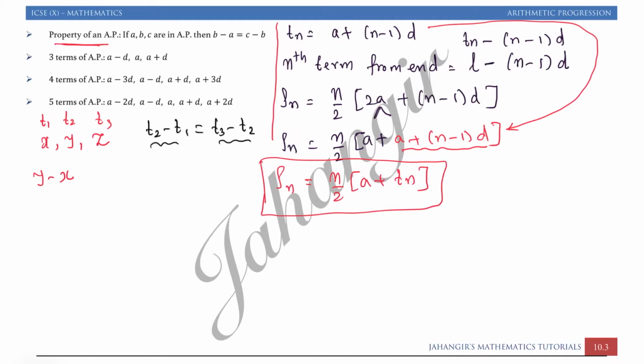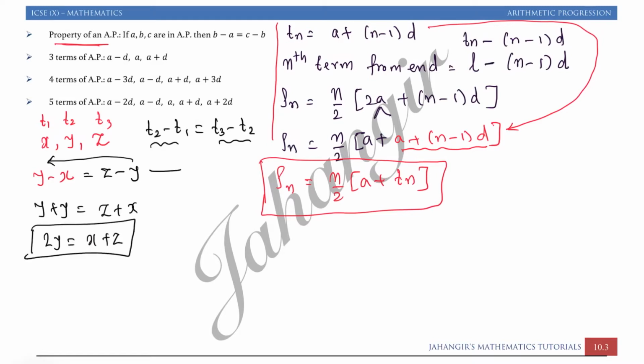So we can say y minus x is equal to z minus y. If you bring this on the other side, you will get y plus y is equal to z plus x. 2y is equal to x plus z.